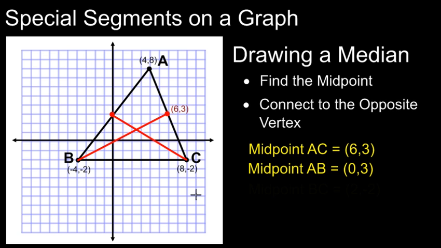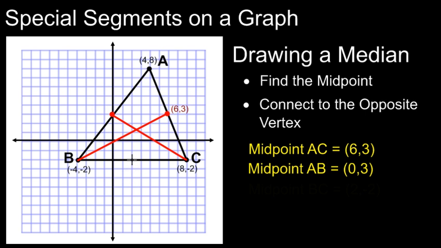Lastly, we need to find the midpoint of BC. Again, I take my x coordinates. Negative 4 plus 8 is positive 4, and 4 divided by 2 is 2. Then negative 2 plus negative 2 is negative 4, and negative 4 divided by 2 is negative 2. If I have the same two numbers, the average is negative 2.